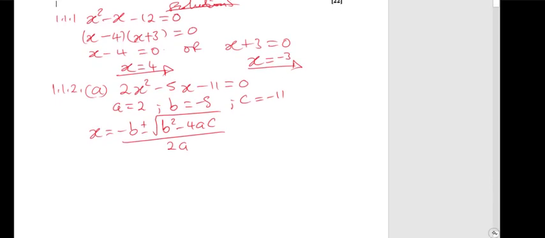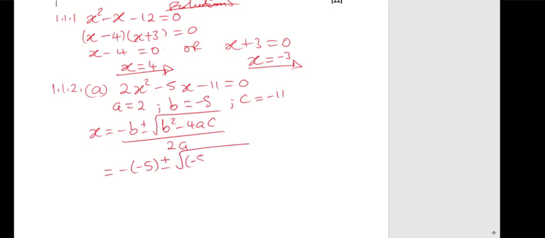Let's do the substitution: negative 5, all squared minus 4 times 2 times negative 11, all divided by 2 times 2.